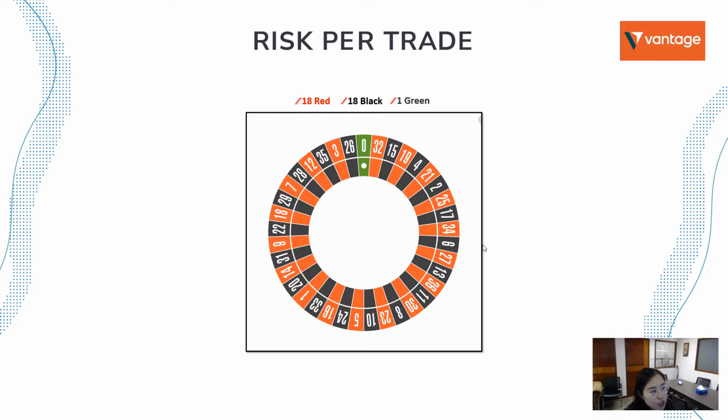So my question to you is, right now you're going to bet on red or black. What risk percentage are you going to go for in this game? How much are you going to risk from your $100, hoping that the ball lands on black or red?